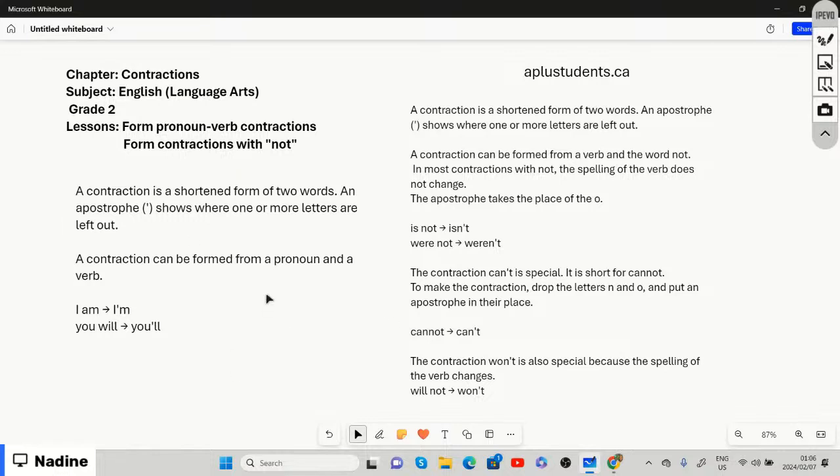There are going to be quite a few lessons under the chapter of contractions, but we're basically only going to focus on these two lessons for today.